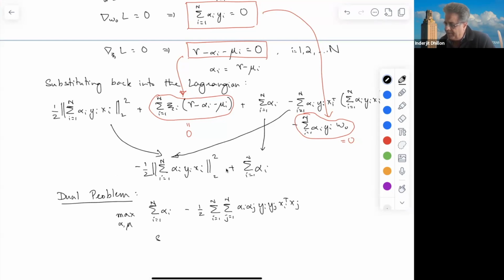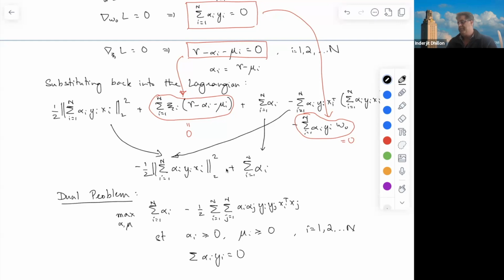And my dual variables are alpha i's and mu i's, and the constraint is that alpha I is greater than or equal to 0, and mu I, which are the dual variables corresponding to the psi i's, are also greater than or equal to 0, I equals 1 through n. And then I have that balancing constraint, which is summation of alpha I, yi equal to 0.